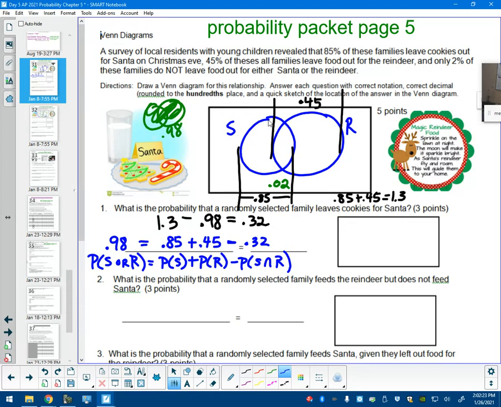So if this is 0.32 now in the middle, how much is the Santa crescent? 0.53. Thank you. And the reindeer crescent is going to be 0.13, I believe.